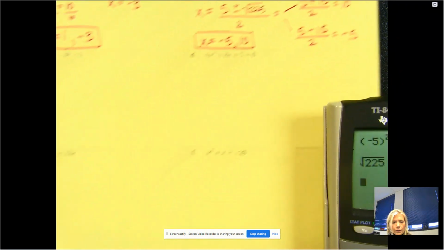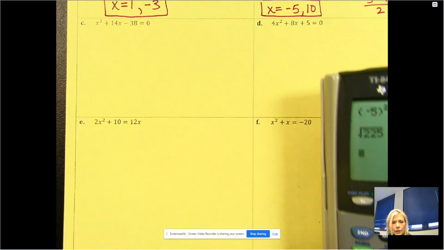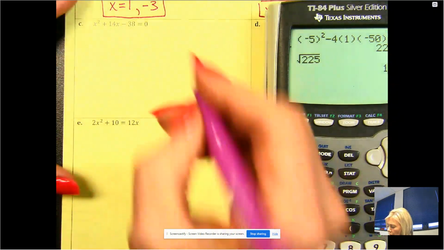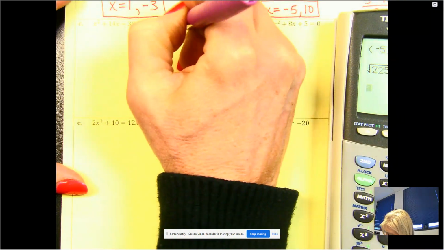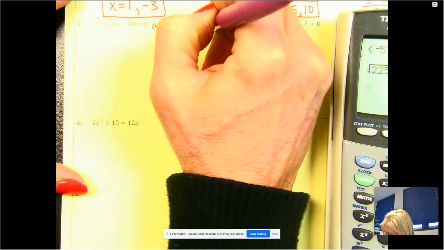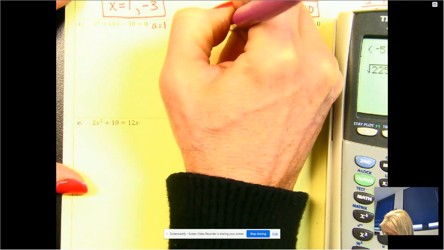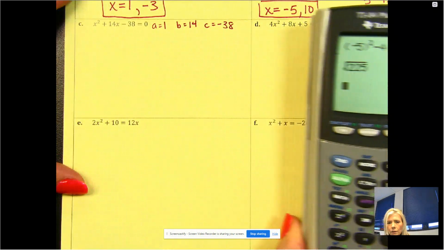All right, we're ready for E. E is also in the proper form. So I know A is 1, B is 14, and C is -38.